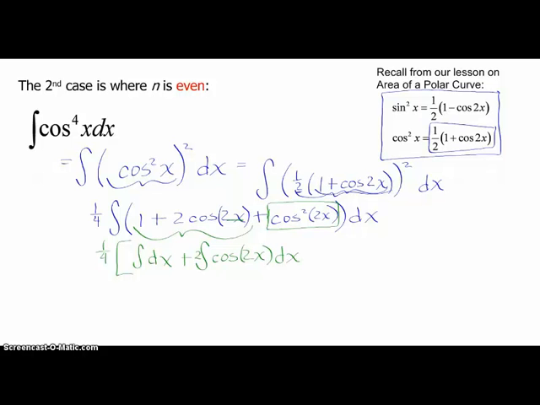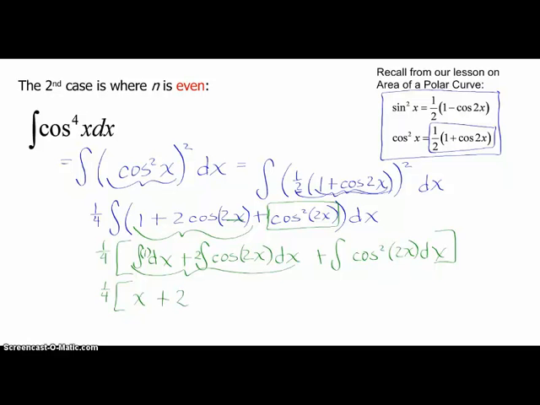And then I would have plus the integral of the cosine squared of 2x dx. And the 1/4 would get distributed all the way through. These two integrals I can find right now. That'd be 1/4. The antiderivative of 1, remember there's a 1 there, with respect to x is just x.